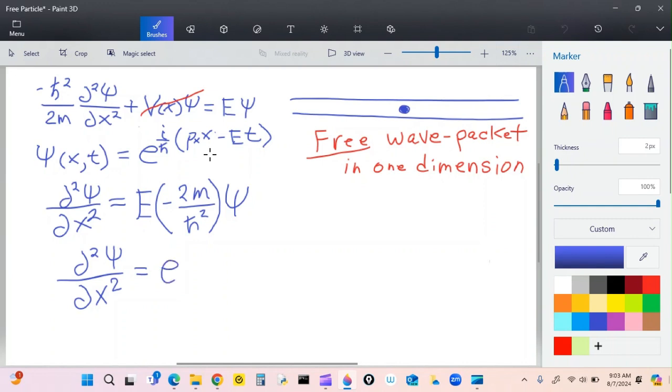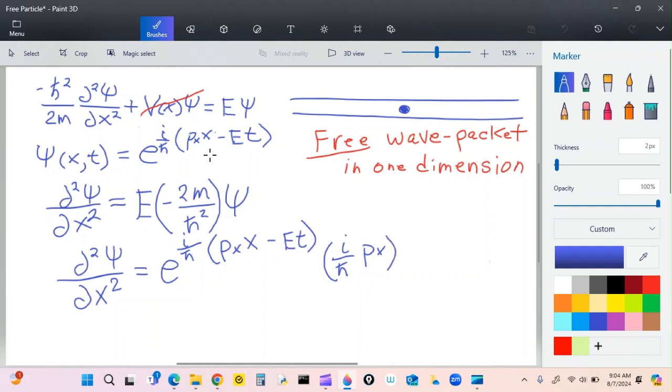I'm going to copy the exponential, i over h bar times momentum in the x direction times the x position minus Et, and then that's going to be multiplied by this constant twice. i over h bar p_x, p in the x dimension, because the first derivative of p_x times x just gives us p_x, the constant that's left over.